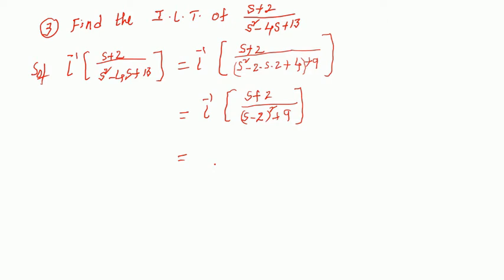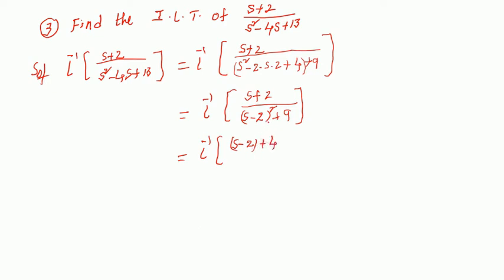If we have s in the numerator, yes, we have s in the numerator. So what is the form we have to write this? Yes, we have to write the s minus 2 form. So how can I write? L inverse of, see here I can write just s minus 2. But what is there here? Plus 2 is there. Add minus 2 and subtract minus 2. What happened here? s minus 2 I can write plus 4.